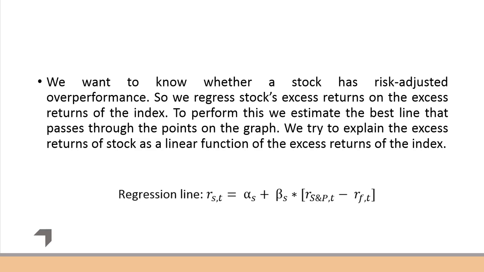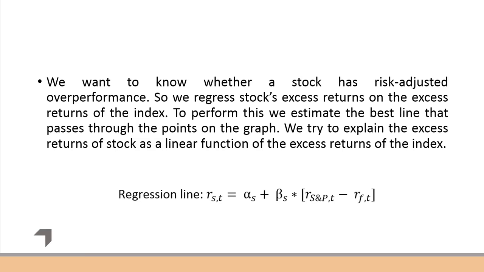Here you can see the regression line formula. The return of a stock is equal to alpha, which is the intercept, plus beta, which is the slope, calculated in the spreadsheet, and we're going to take a look at it. And then we've got the return of the index in a specified time period minus the risk-free rate of return in that same time period.